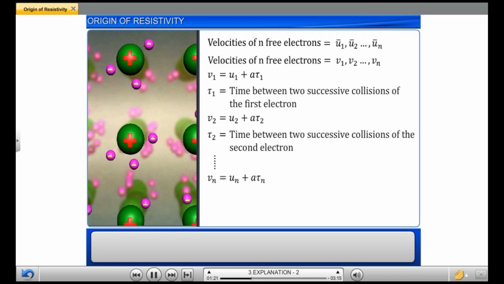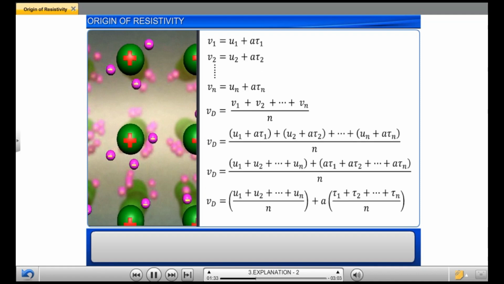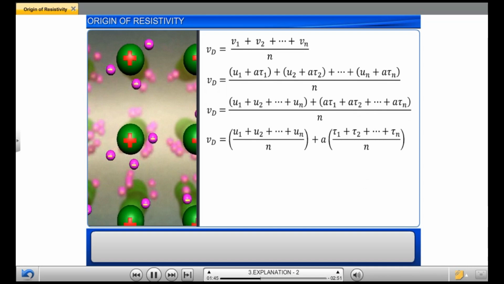Hence, vd is equal to v1 plus v2 plus so on plus vn divided by n. Substituting the expressions for v1, v2, so on till vn in the expression for vd and simplifying, we get vd is equal to u plus a into tau.